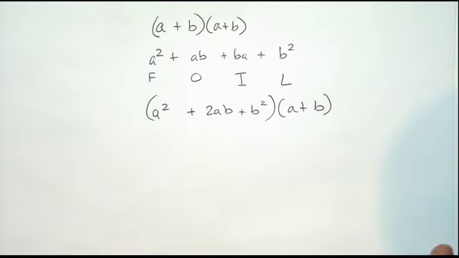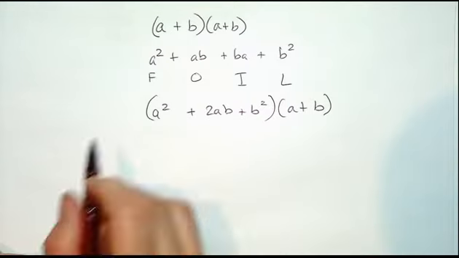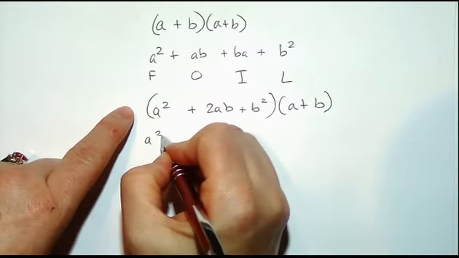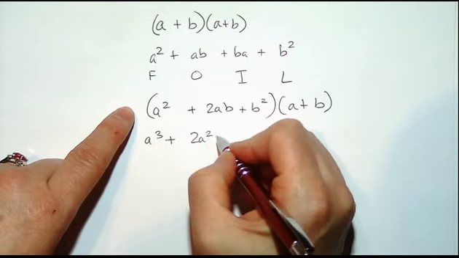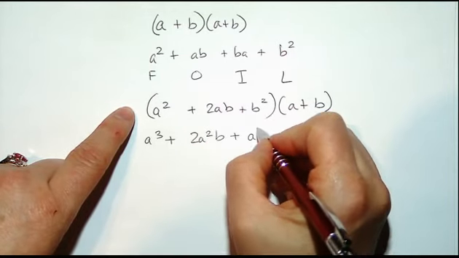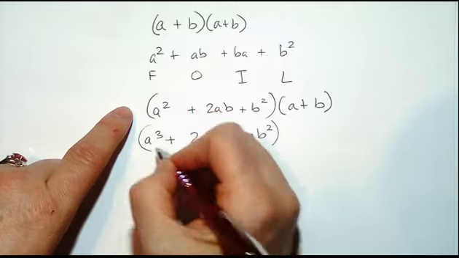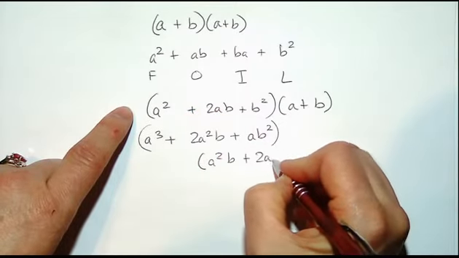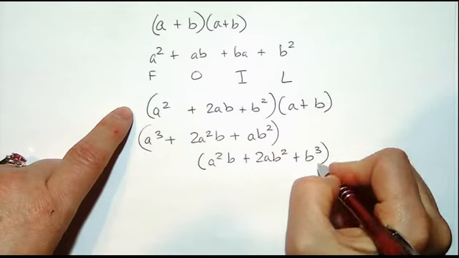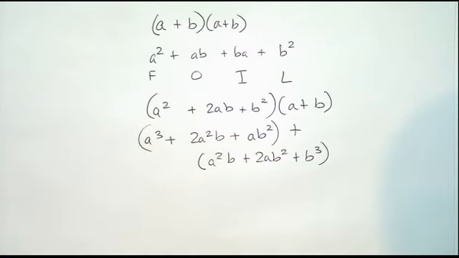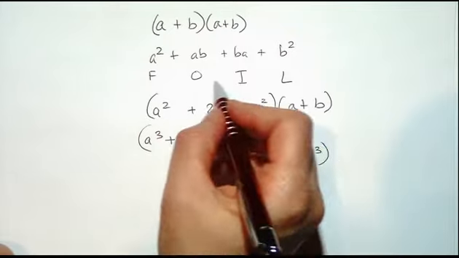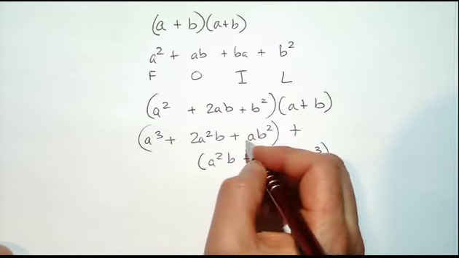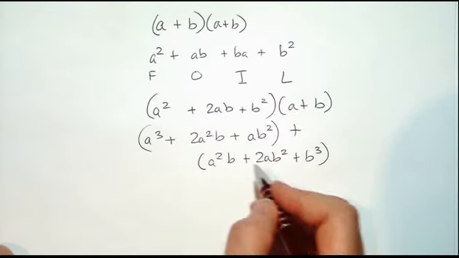Then when we're multiplying these, I multiply this A by all of those. So I'm going to get a cubed plus 2a squared b plus ab squared. And then I'm also going to add all of those with a b on them. So the terms that have, let's say, AB in them.